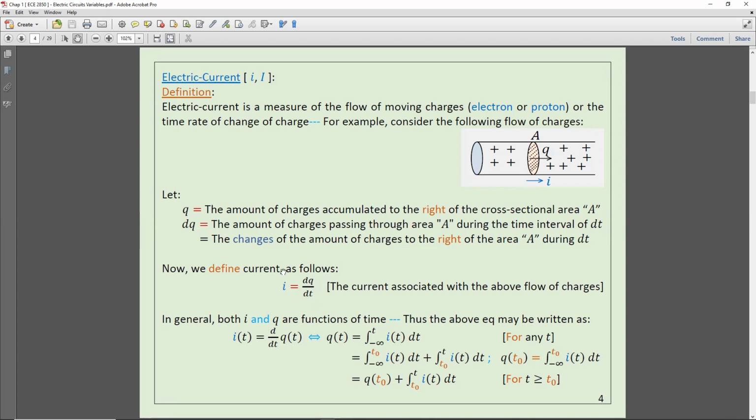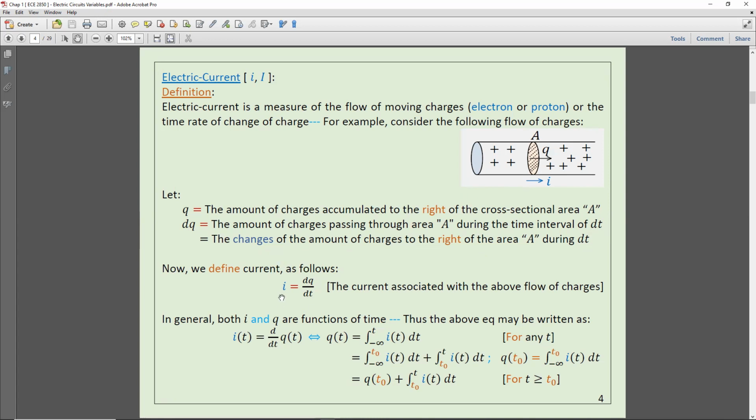We can explain it in a different way: dq is the change in the amount of charges to the right during time dt. So Q is the total charges here.